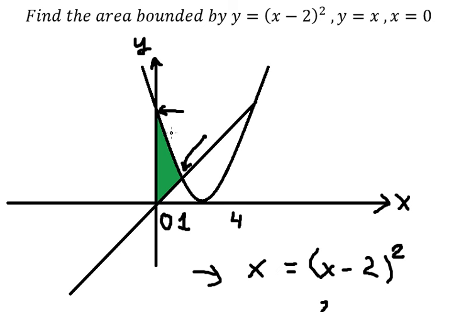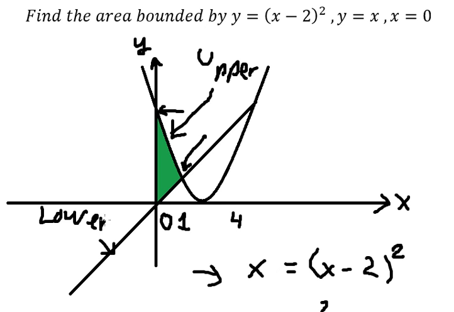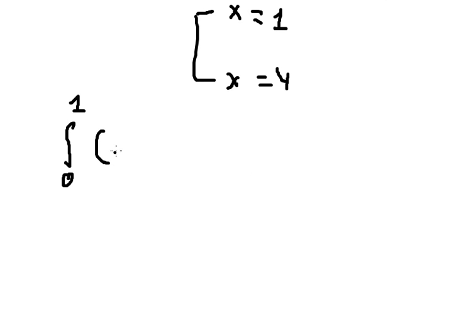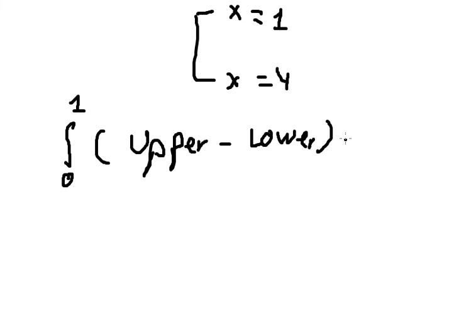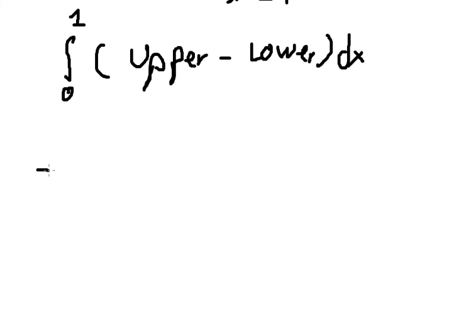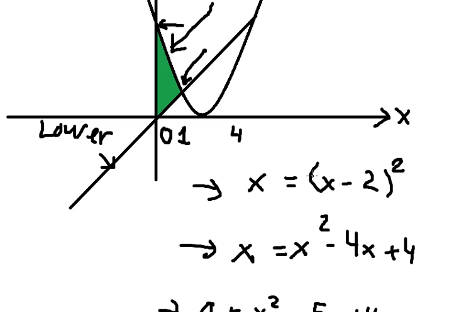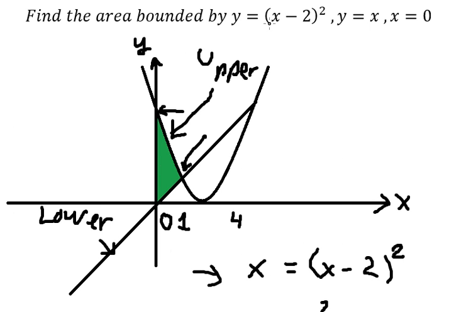So we know that this one is the upper. This one is the lower. So upper will go first. Later we go to lower. Upper is this one.